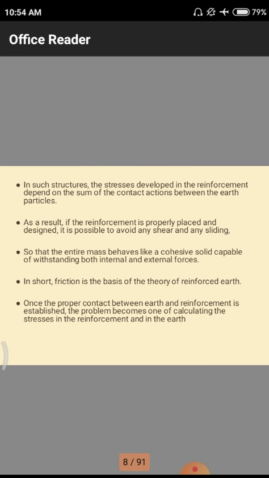In short, friction is the basis of the theory of reinforcing earth. That means the total friction has some relation with this reinforcement. Why? Because in the structure, the total mass is one medium, and the reinforcing mass is another medium.